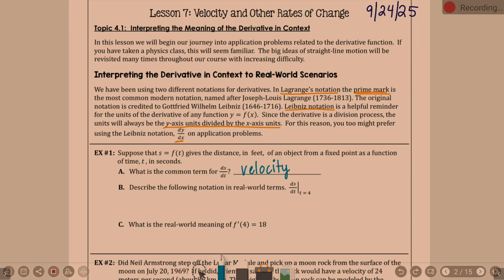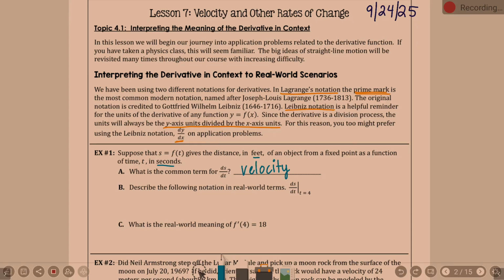What's the t equals 4, tell me? At t equals 4 seconds. Okay, so this is the instantaneous rate of change, or the IROC, of an object. It's going to be in feet per second, because that is what is given in the prompt when t is 4 seconds.